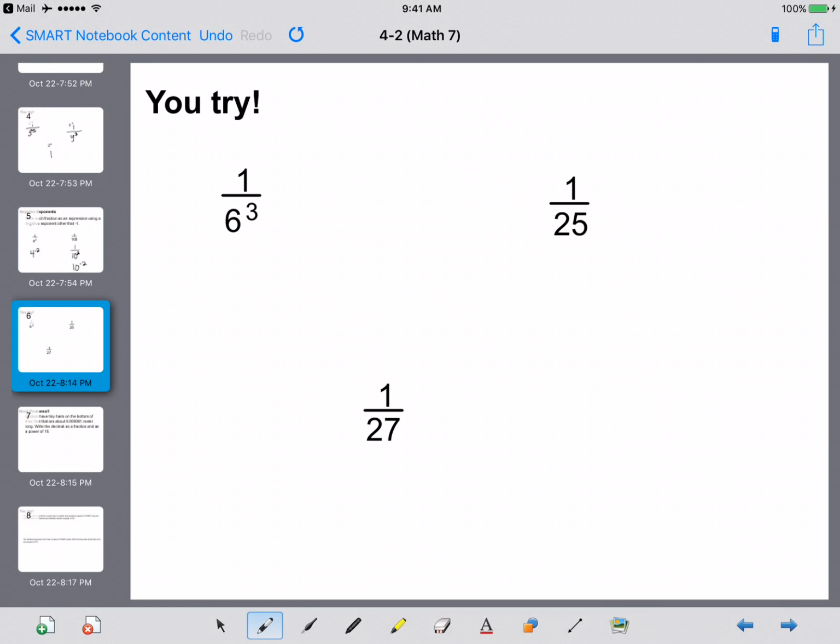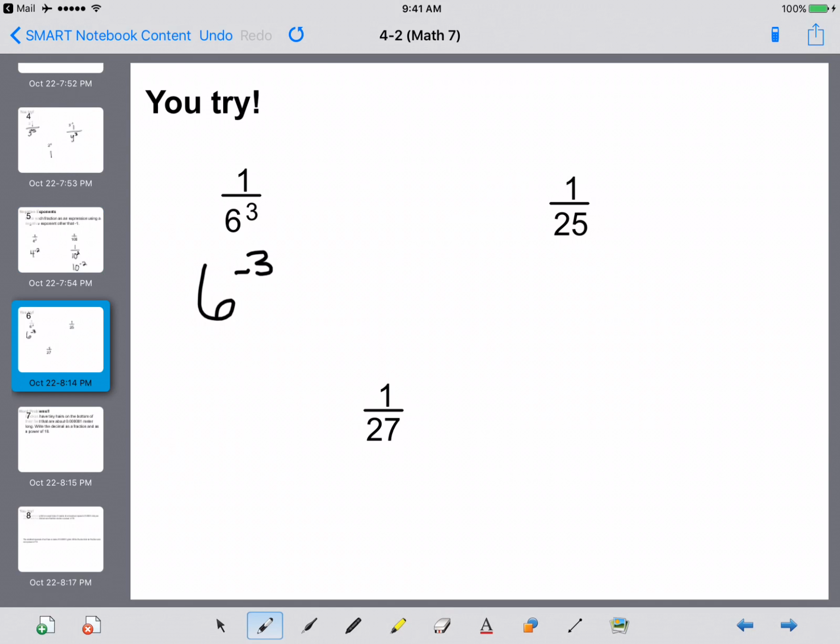Now I want you to try on this group here. So here, our 1/, putting it back in as a negative exponent, so 6 to the negative 3. 1/25.